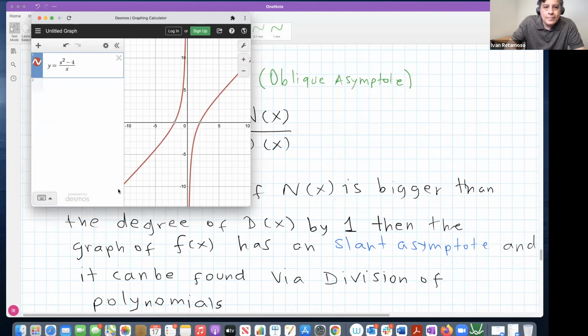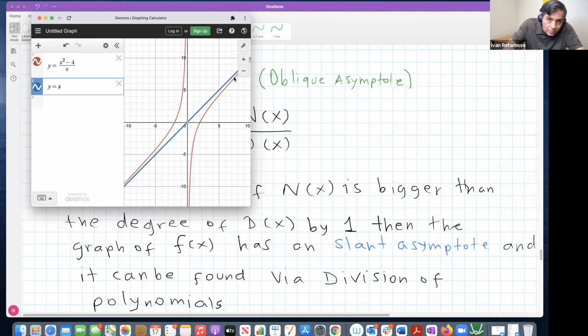You see here, this is a slant asymptote, oblique asymptote, right? For you to see it even better, I will show you this. You see it now? This is how a slant asymptote looks.